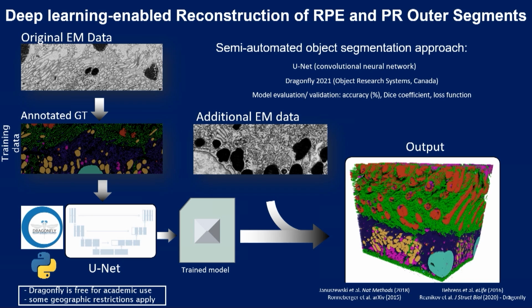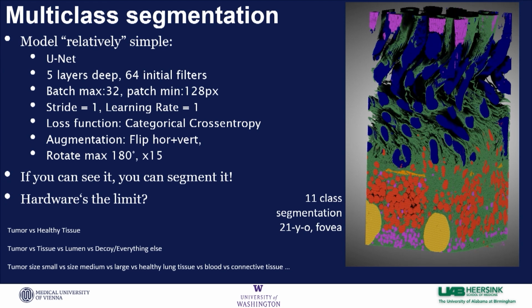I'll tell you a little bit about how it might be counterintuitive to think about it in multiple classes, but I'm at least a proponent of using a lot of classes for your segmentation, a lot of labels, if you will.